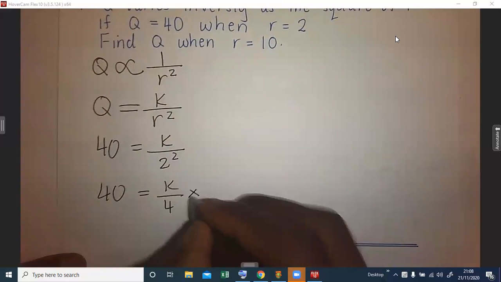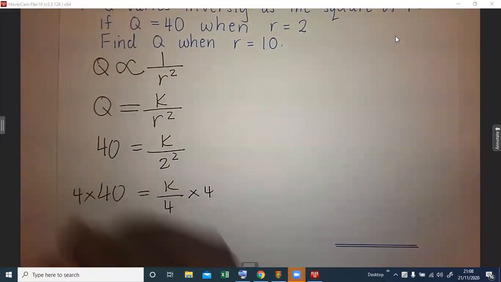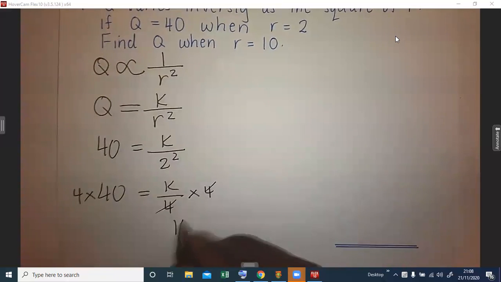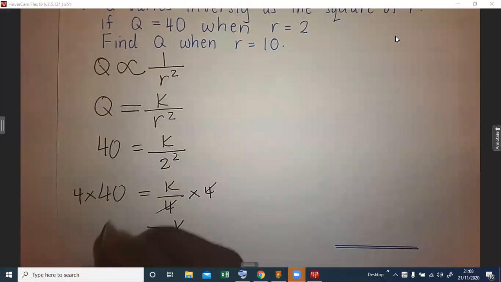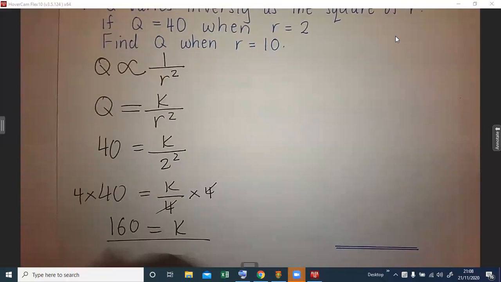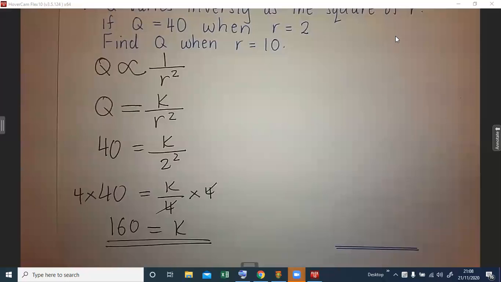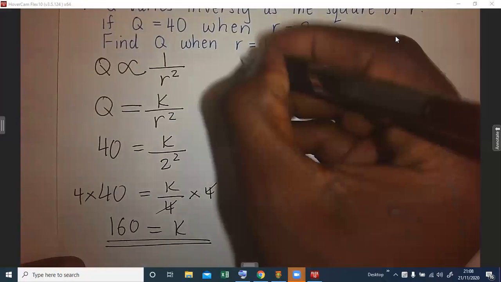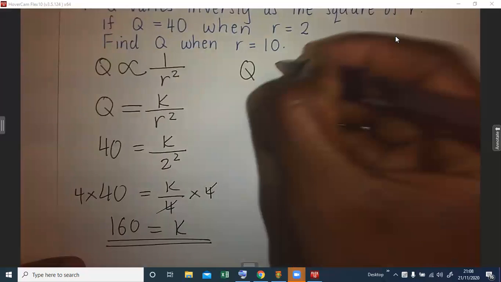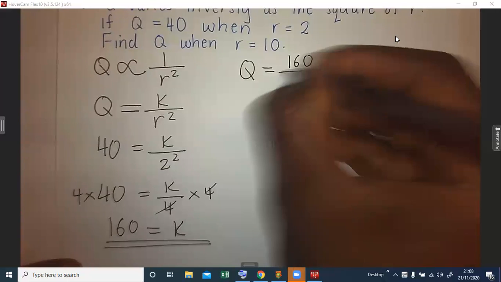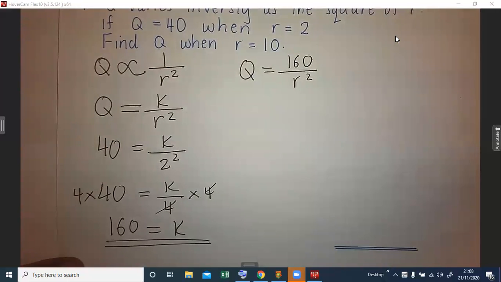To remove 4, we have to multiply by 4 on both sides. And finally, our k is 40 times 4, which is 160. So 160 is the value of k. So we go to the equation, and we replace k with 160, and we get Q is equal to 160 over R squared.